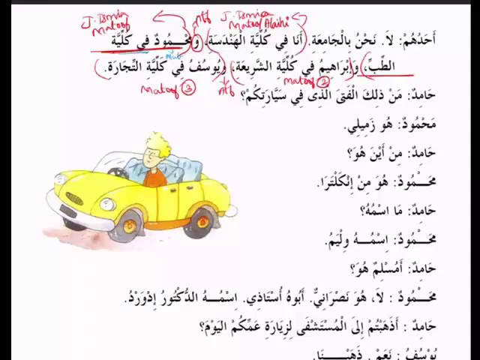Now after ismul mausul, what should you have? Silatul mausul, isn't it? So do we have silatul mausul here? No. Why? Because the silatul mausul can be only a jumla. There is no jumla after alladhi. So what will you say? Silatul mausul mahzuf. So you'll say jar majroor is the muta'alliq of silatul mausul mahzuf.